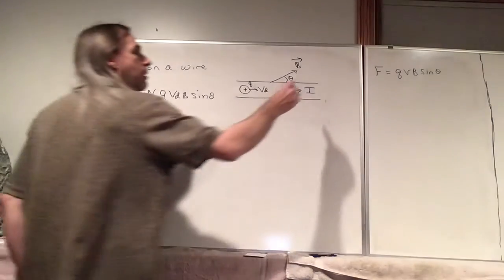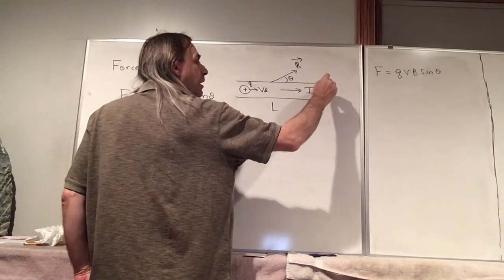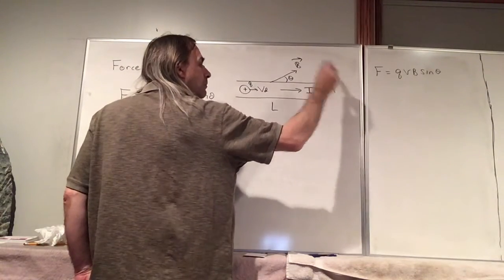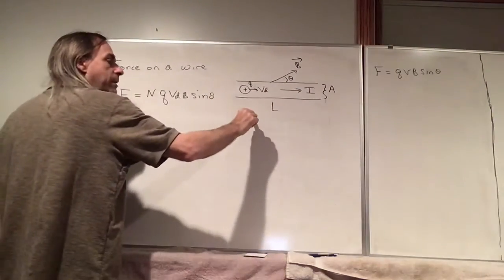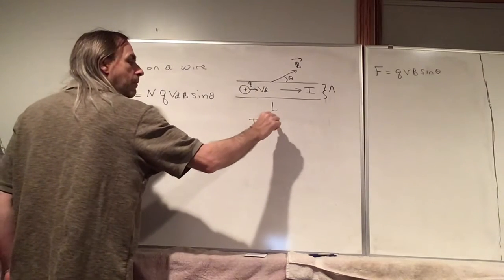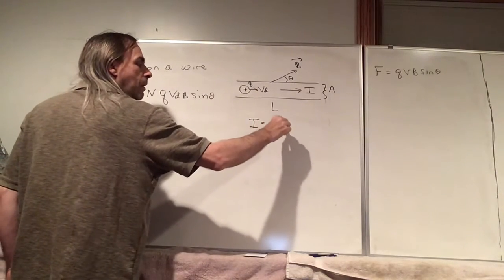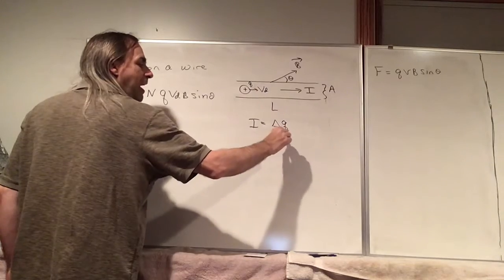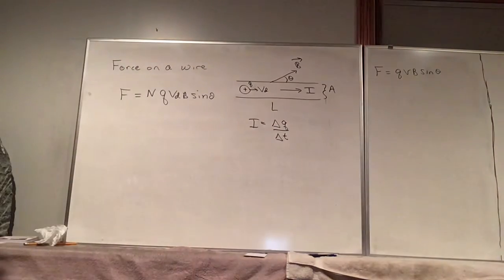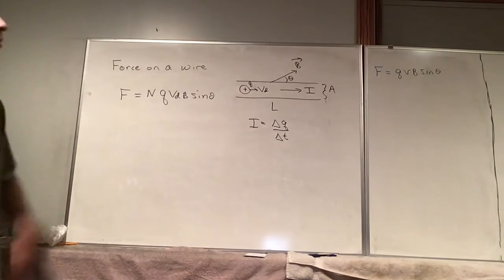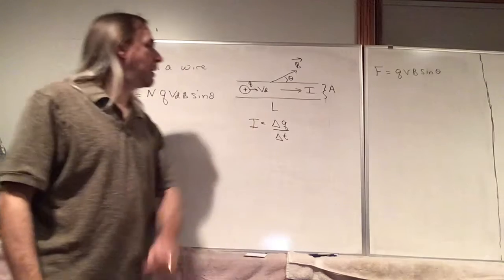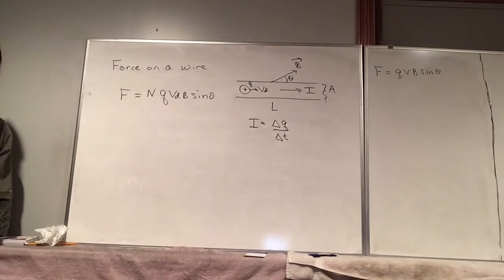Let's say our wire has a cross-section area A. Now, the current is defined as dq over dt, but we're treating this as a nice orderly current where everything's moving at a constant velocity v_d.